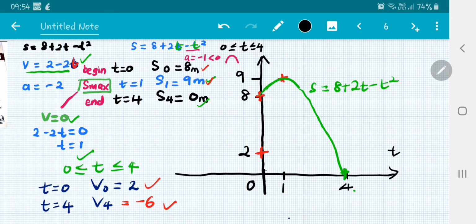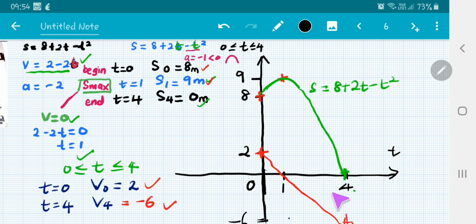So we have a negative part here. Then you join to form a straight line, using a ruler.